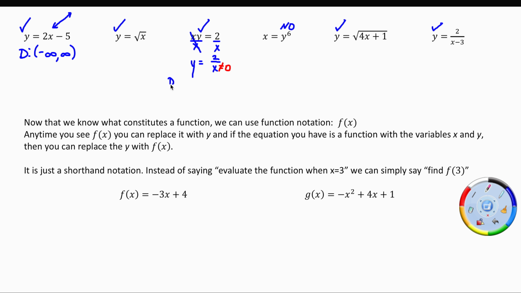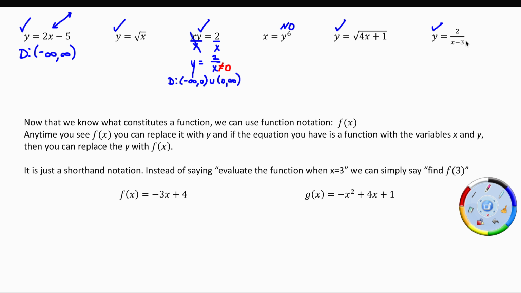The way I would write that in interval notation is negative infinity to 0, using the parenthesis to indicate I don't want to include the 0, and then or 0 to infinity. In other words, this is the interval from negative infinity to infinity, except everything except the 0 has been taken out.